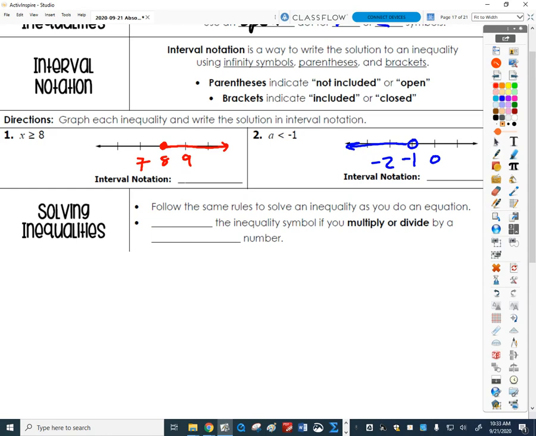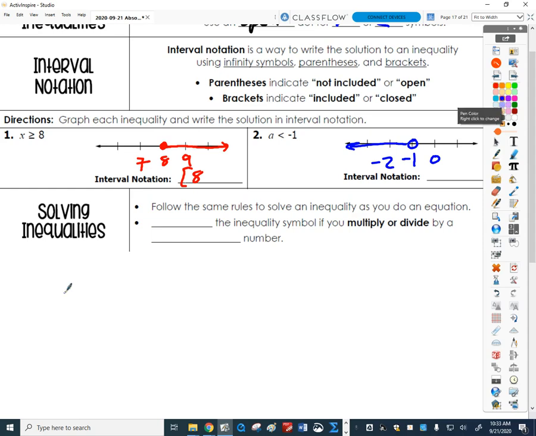So with interval notation, we're saying all values greater than or equal to 8. Our interval has to always start with, in this case, the endpoint because it's going to the right. So we're going to open up with a bracket, and we're going to include the 8, right? Whenever we use interval notation, it's always going to follow this pattern.